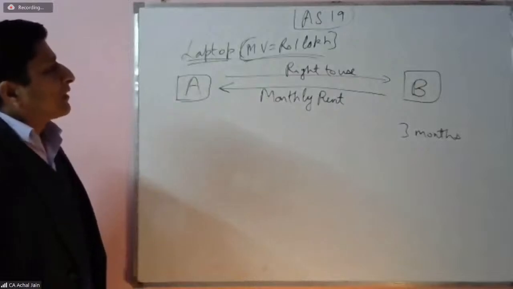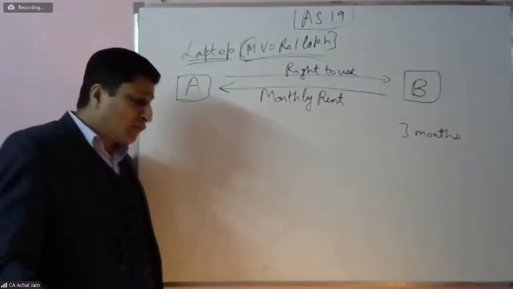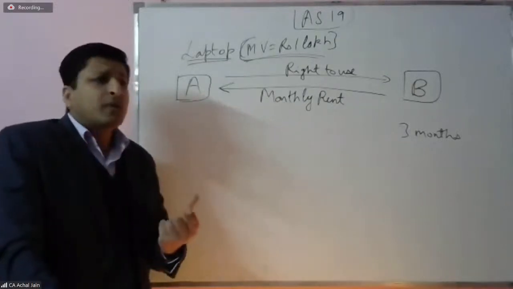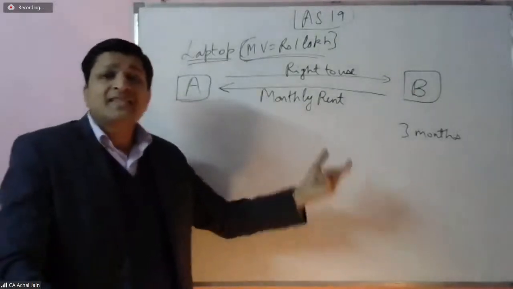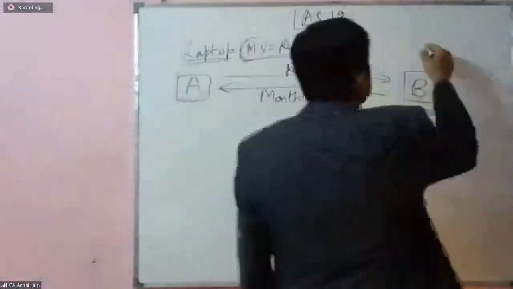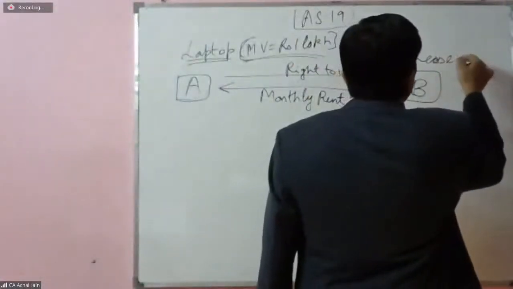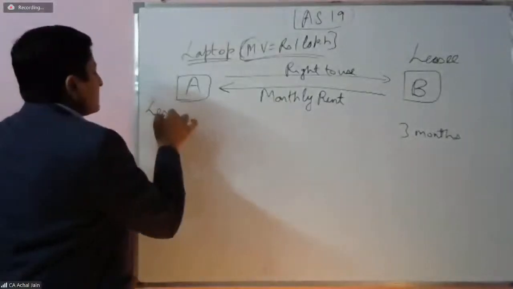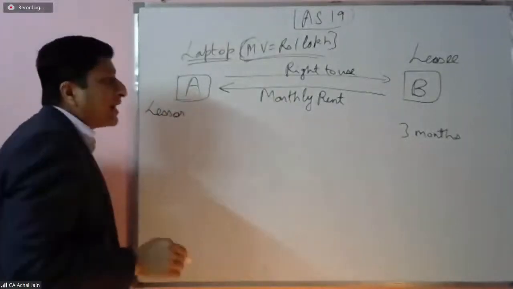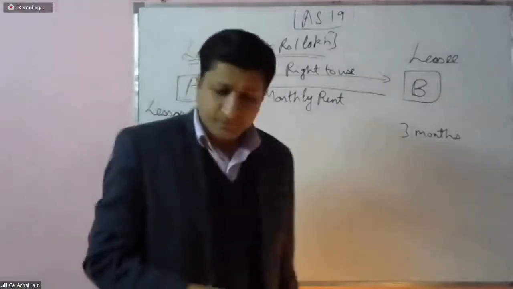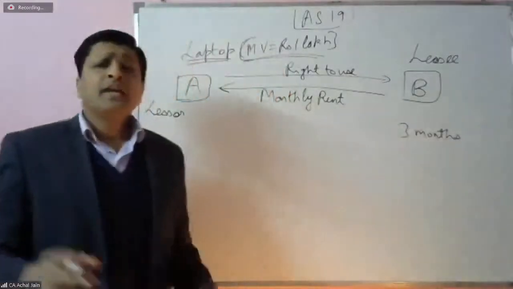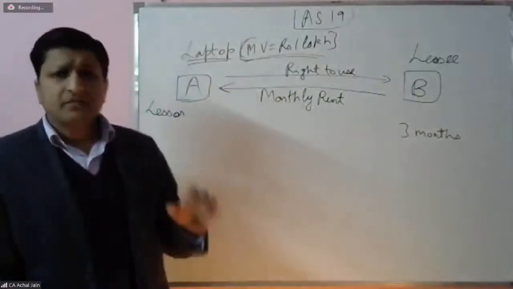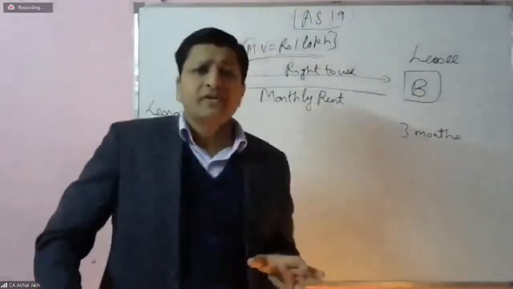Now, in this arrangement, if you see, what will happen? For a limited period of time, the lessee required an asset and the lessor was paid for that limited period of time. If you look at this laptop, this being an asset, will definitely have some economic benefits.